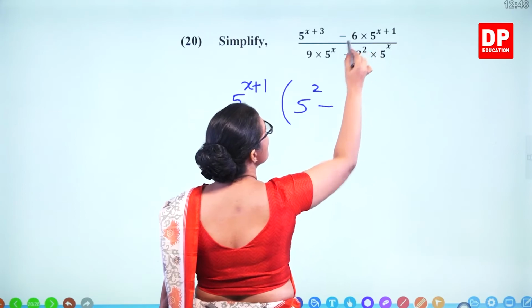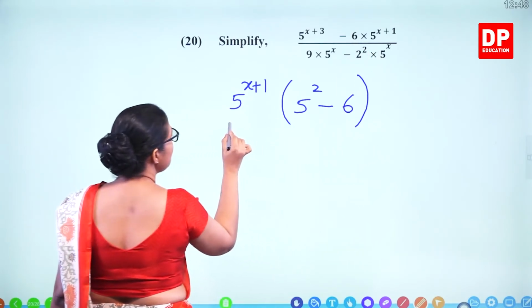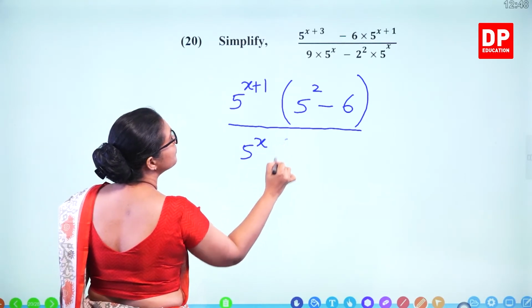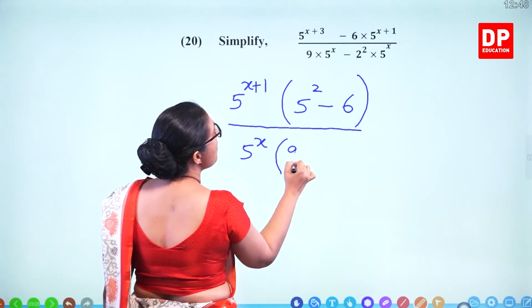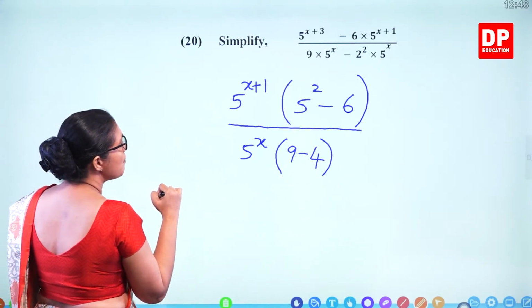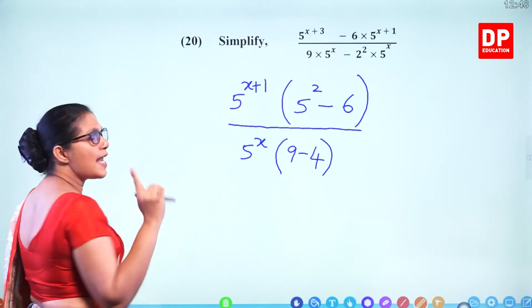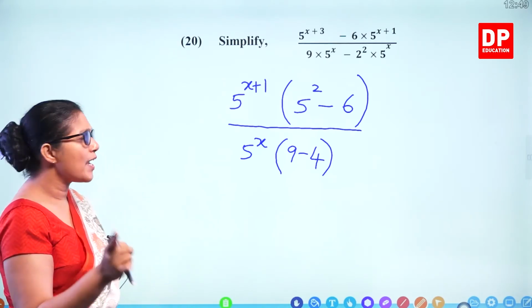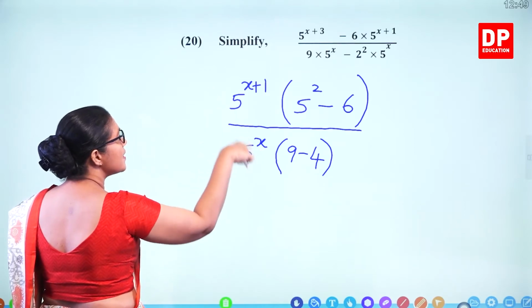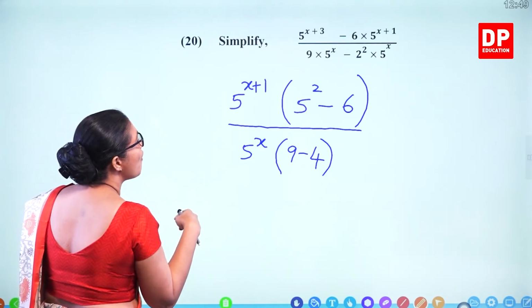Minus, we took this one out, so this is 6. Divide by 5 to the power x, which is common. 9 minus 2 squared, that's 4. Now simplify. These two have the same base and different powers in division, so you can subtract the powers. x plus 1 minus x, you get 5 to the power 1.